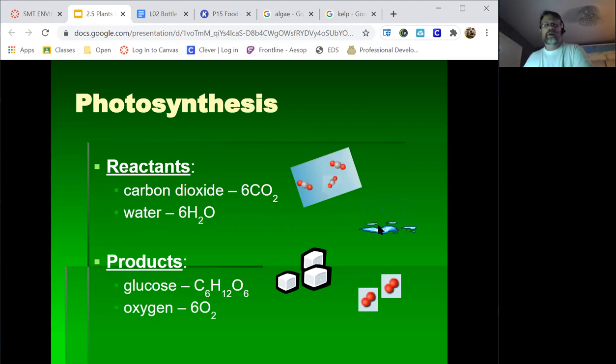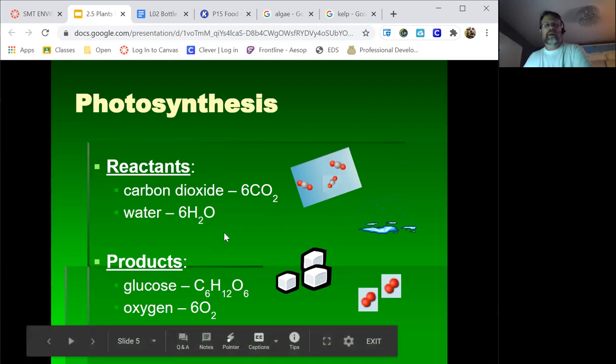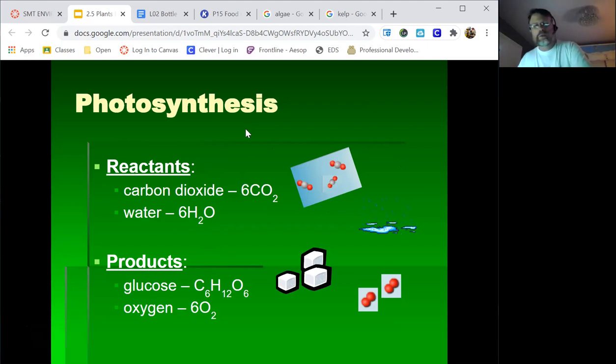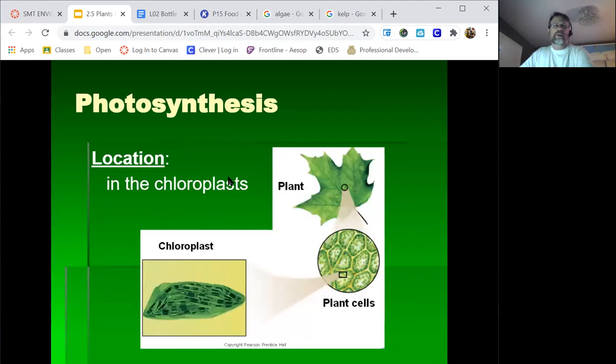So we take that carbon dioxide and the water, or the plants do, because humans aren't capable of doing this, and they hit it with sunlight, and the plant can then produce glucose, so this is the formula for glucose, and 6 oxygens. Which is convenient for us because we like to eat things high in glucose and we like to breathe oxygen. So the plants produce 2 vital pieces to our survival.